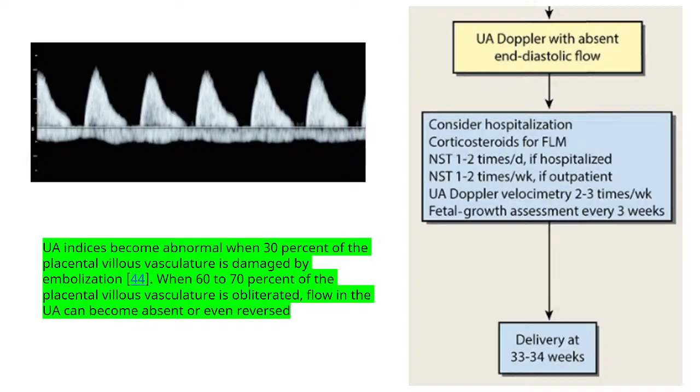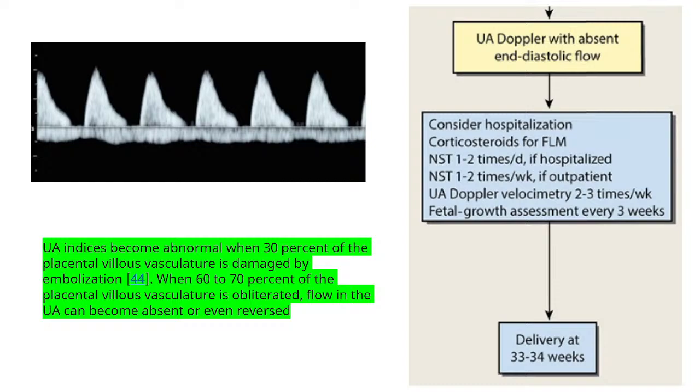So, consider hospitalization, corticosteroid should be given for fetal lung maturity, NST should be done 1 to 2 times per day, umbilical artery Doppler velocimetry 2 to 3 times per week, and fetal growth assessment every 3 weeks. So, you have to be more vigilant and more actively search for abnormality. Then delivery at 33 to 34 weeks. So, with absent diastolic flow do not go beyond 34 weeks, you have to deliver.